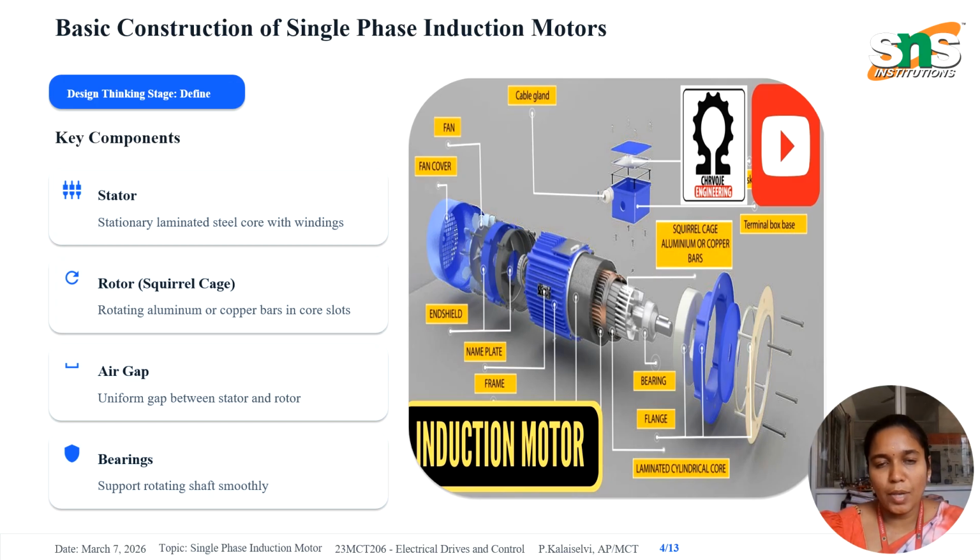It rotates due to electromagnetic interaction with the stator field. The air gap is a small uniform gap maintained between the stator and rotor to allow smooth rotation. Bearings support the shaft and reduce friction during the rotation.